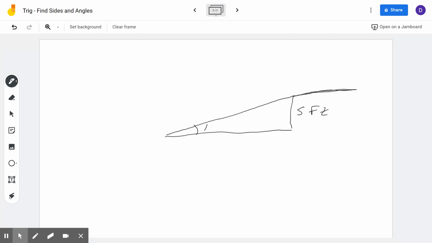So let's say at most this is going to be 10 degrees. Well, that will tell you that you're going to have to build out a certain distance. And how would you find that? Well, assume this is your right angle, and then you would do opposite over adjacent. So tangent: the tangent of 10 degrees is going to equal 5 over x.